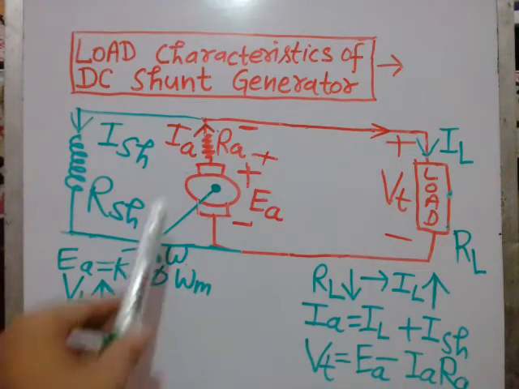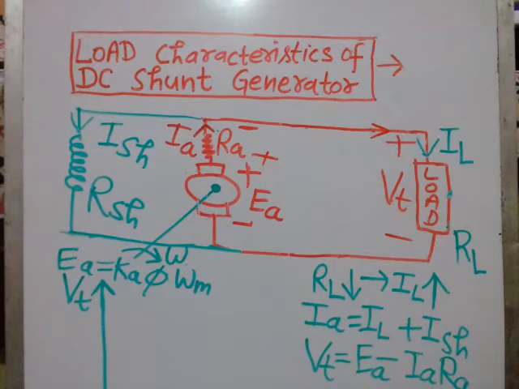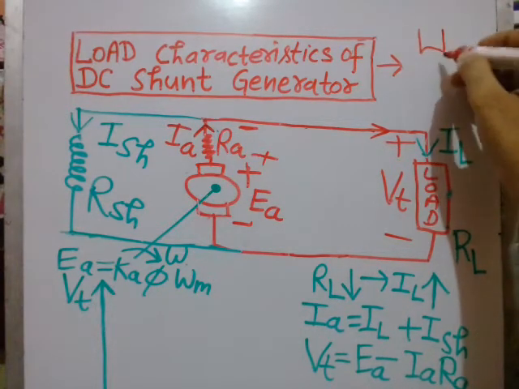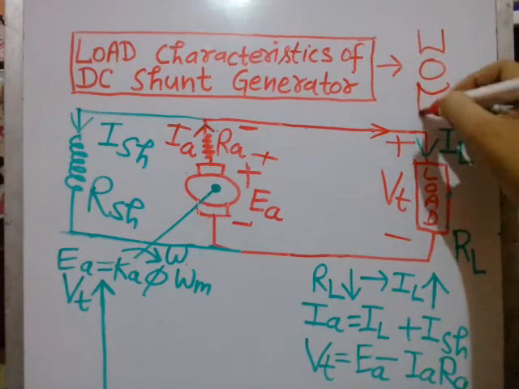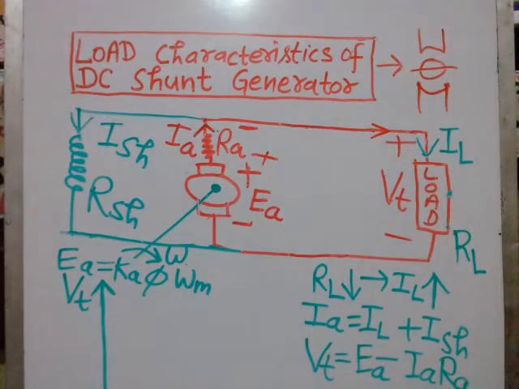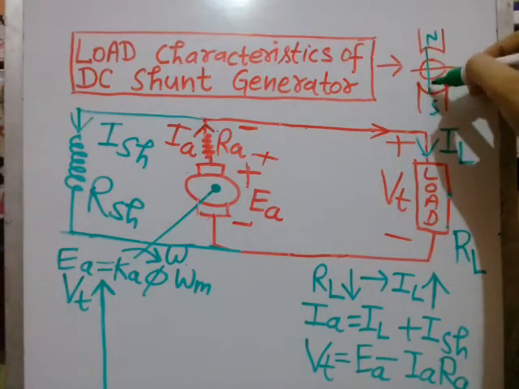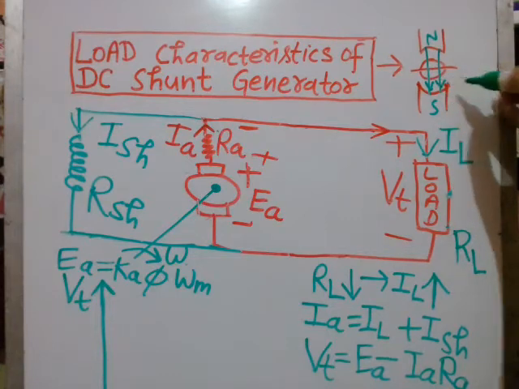Once the rotor starts rotating in the air gap, it will cut the stationary magnetic field lines produced by the stator field poles, north and south field poles. These are the field poles, and these are the field lines.